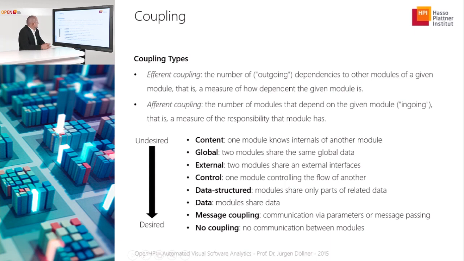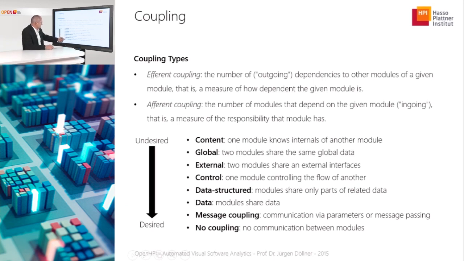Related to coupling, we have some general design rules. For example, it is considered undesired if one module knows internals of another module, so if it's open with respect to its content. Two modules sharing the same global data is also an undesired design feature.